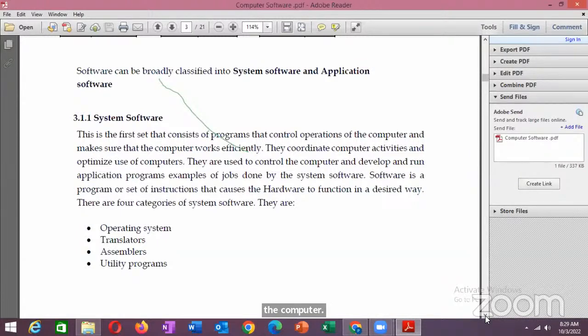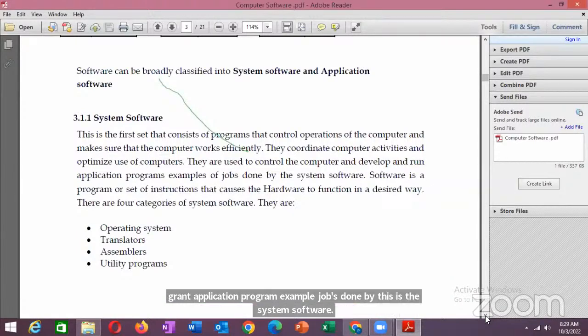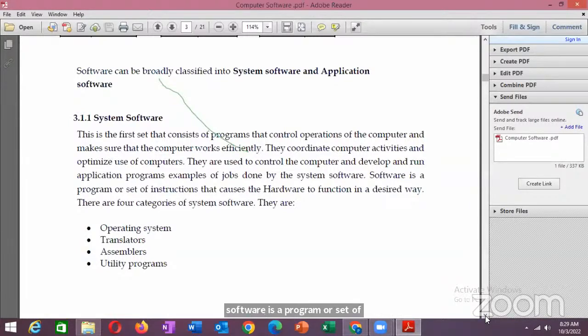They coordinate computer activities and optimize use of computers. They are used to control the computer and develop and run application programs. Software is a program or set of instructions that causes the hardware to function in a desired way.